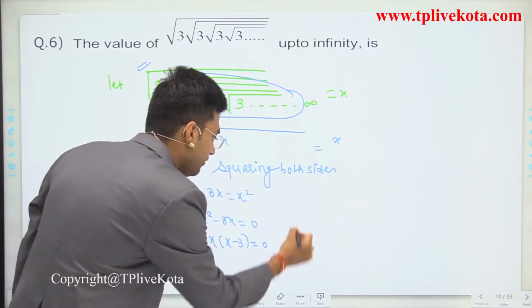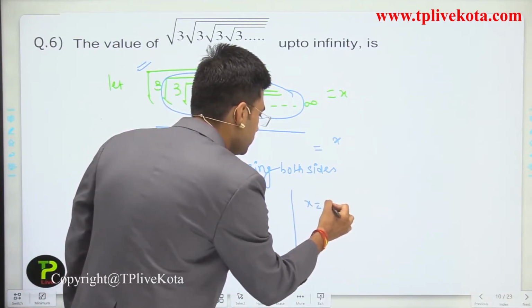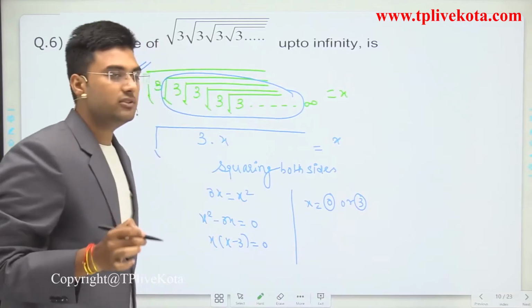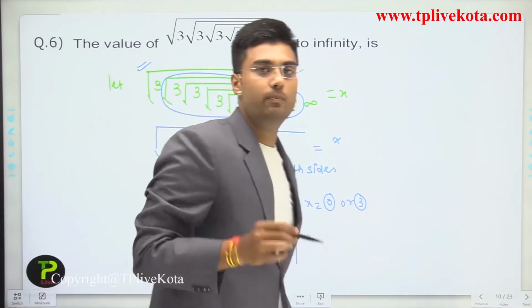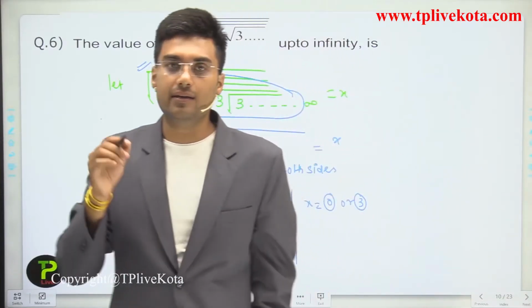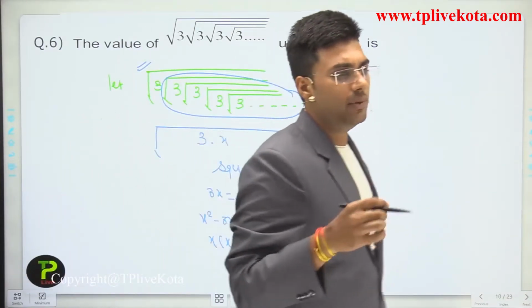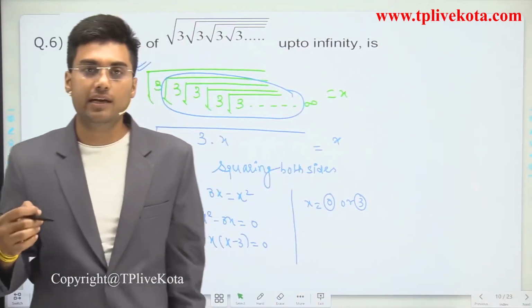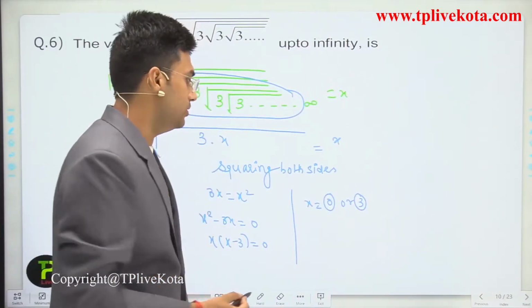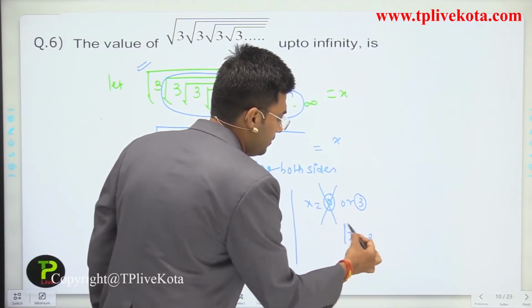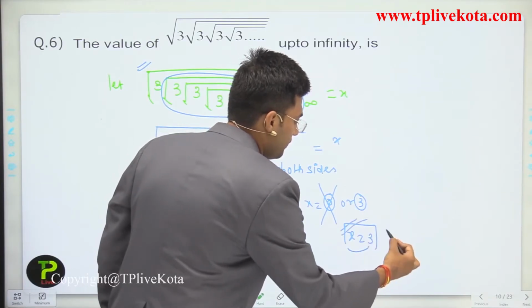So here we will get that x is equal to 0 or 3. Now dear students, we know that root 3 is a real number and greater than 1, and if you multiply a number which is greater than 1 up to infinite times, it cannot be 0. So the final answer is x is equal to 3. This is our final answer.